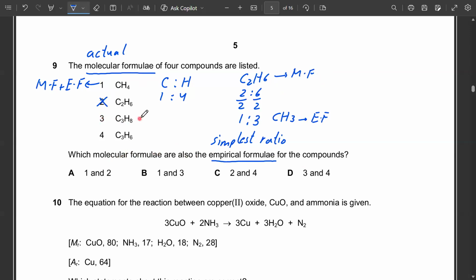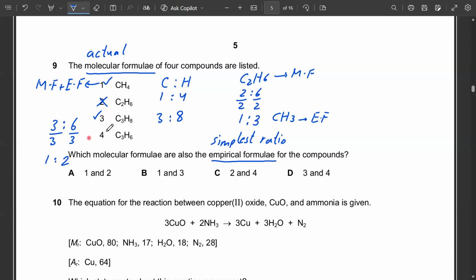The third is C3H8. So yes, 3:8. They cannot be further simplified. They will remain the same. So 3 is also in the list. And 4 is C3H6. So yes, 3:6. They can be simplified by dividing with 3 on both sides. You get 1:2.